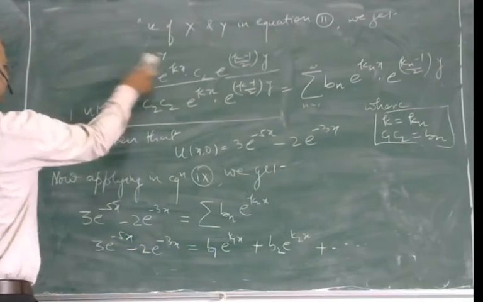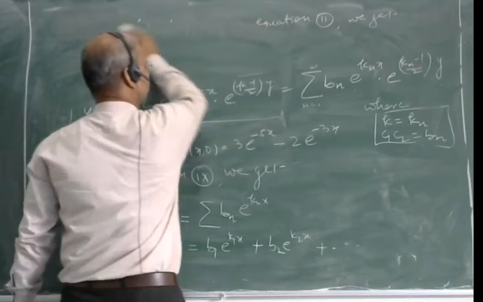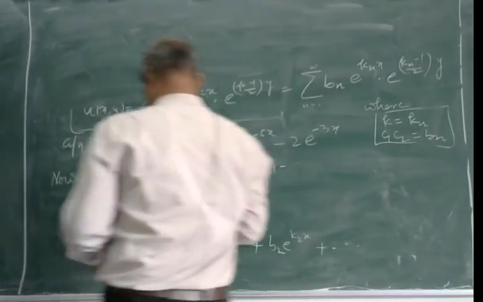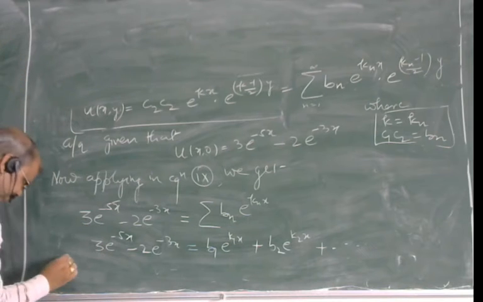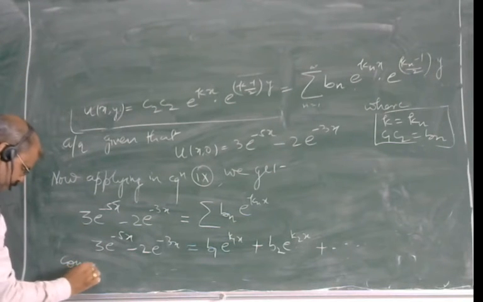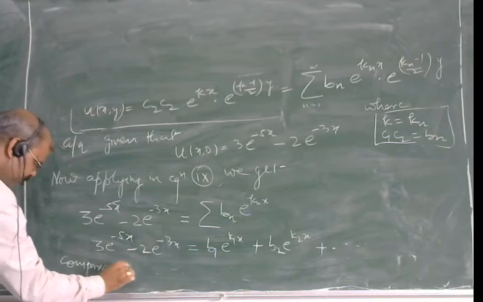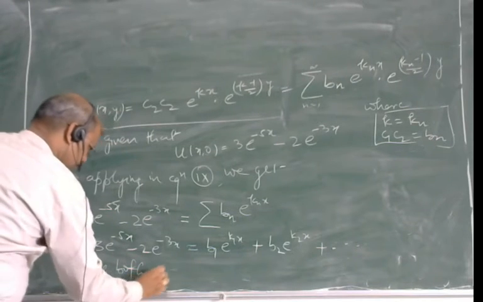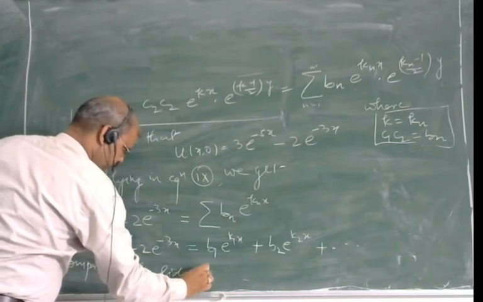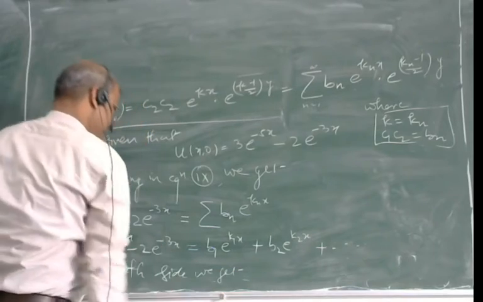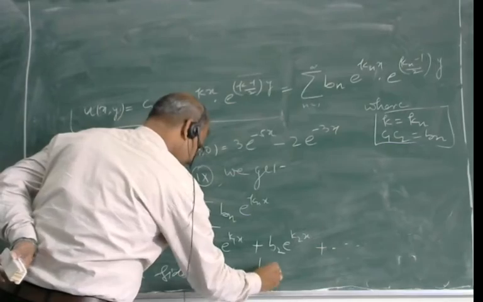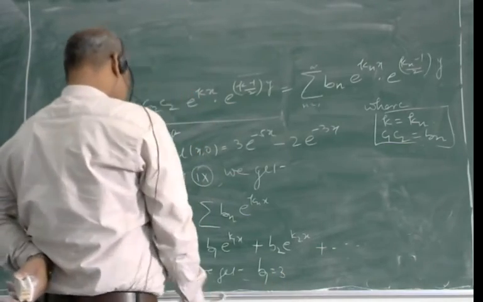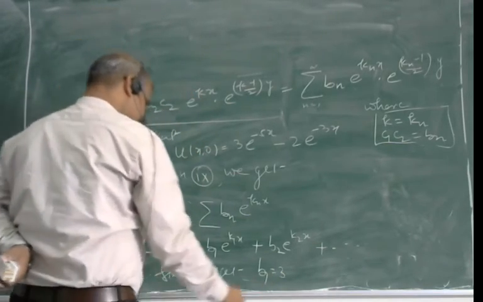Students, see here. So now comparing both sides, we get b1 equal to 3 and k1 equal to minus 5.